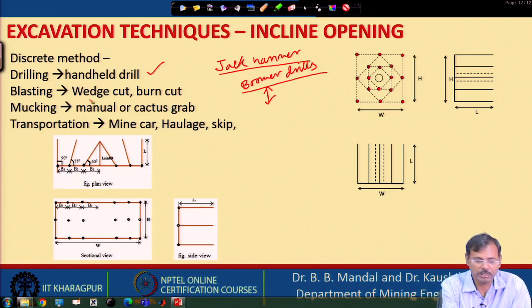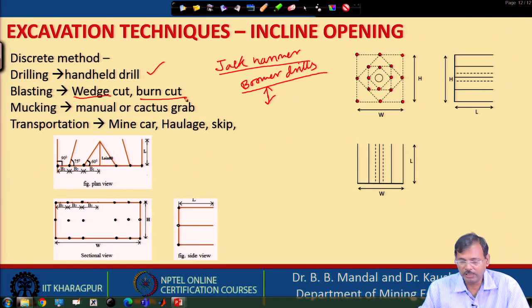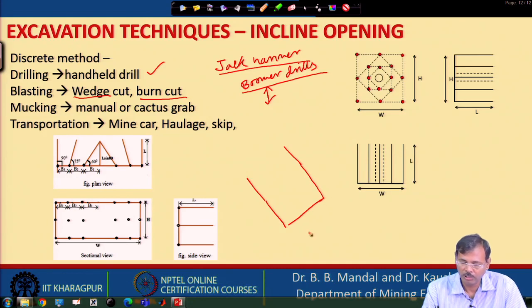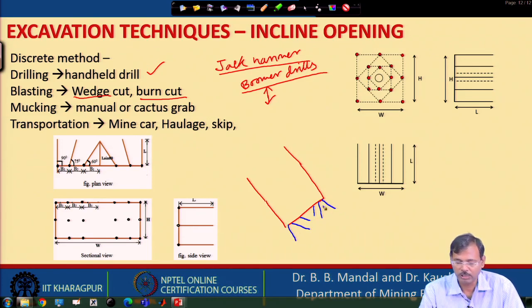Drilling patterns used are either wedge cut or band cut. In general, wedge cut is very widely preferred. So, as you consider, this is the incline. So, generally wedge cut drilling is carried out using this type of pattern, and if the hard rock condition is there, sometimes a pilot hole of shorter length is provided here.